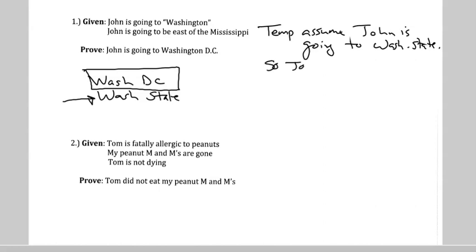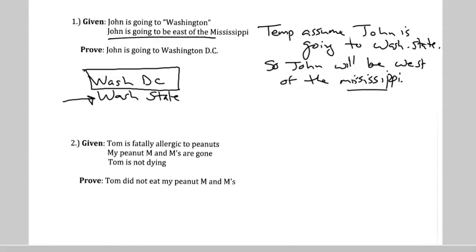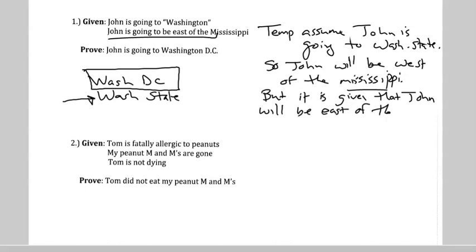So John will be west of the Mississippi. I was so proud of myself when I learned how to spell Mississippi. Anyways, so John is going to be west of the Mississippi. But here it says, but it is given that John will be east of the Mississippi.